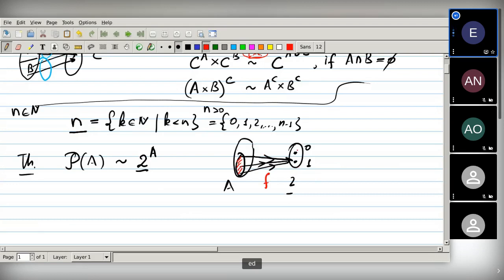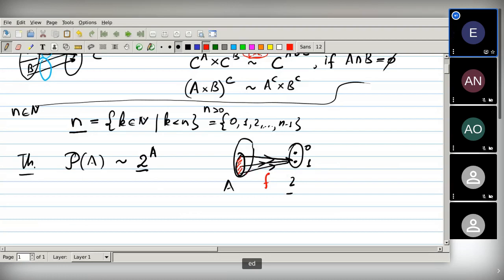Of course, everywhere else it takes value 0. And clearly, every such function from A to 2 underlined can be naturally mapped to some subset, namely the set of all elements where it takes value 1.